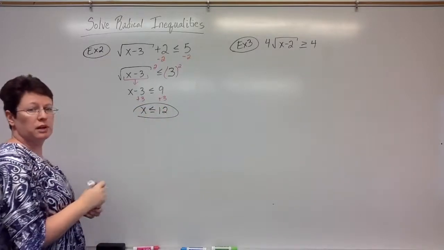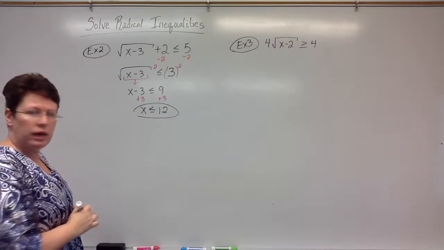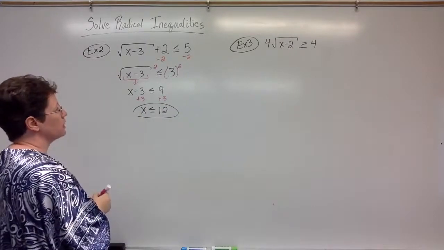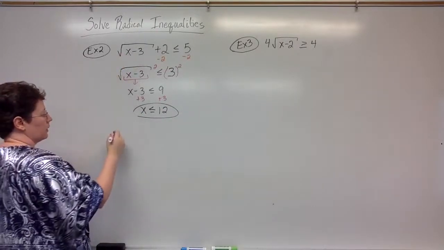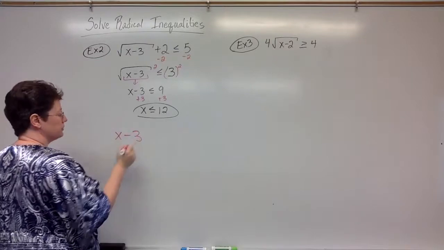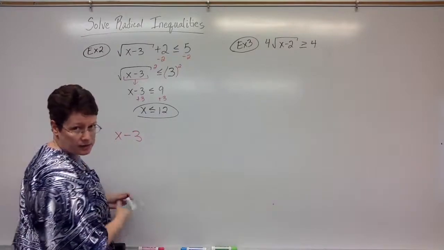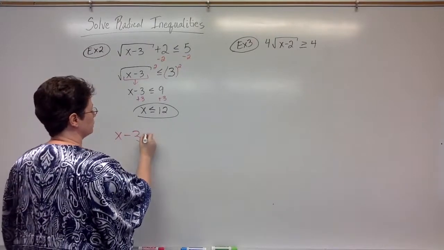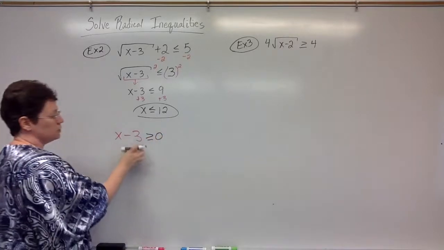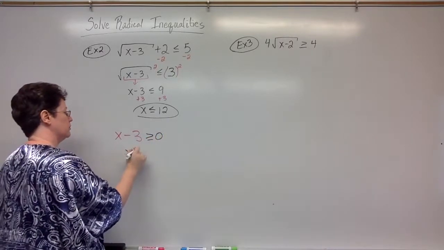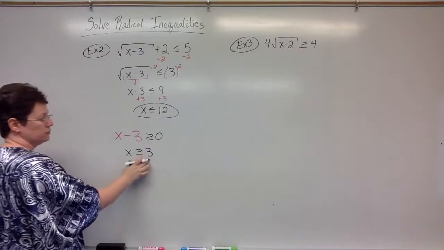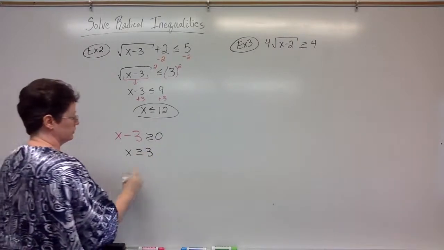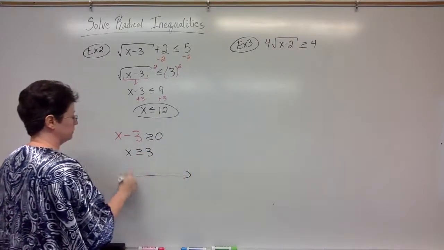That's the first half of my solution. Well, how do I get the second half? Remember that stuff inside? x minus 3. That stuff has to be greater than or equal to 0. So we move the 3 by adding it to the other side, and that's our solution, the second half.